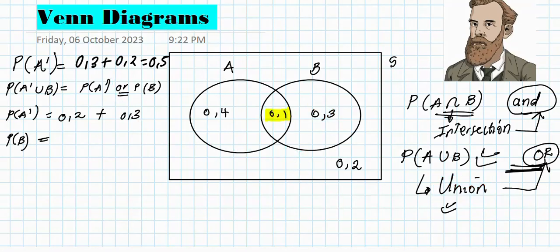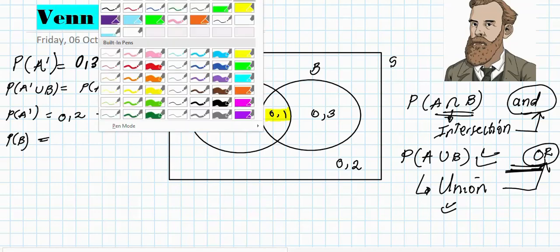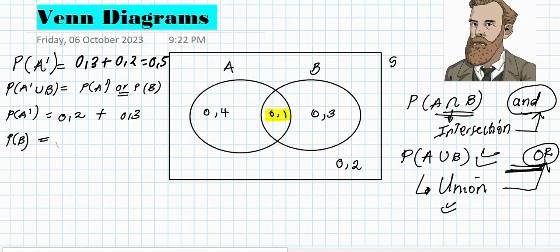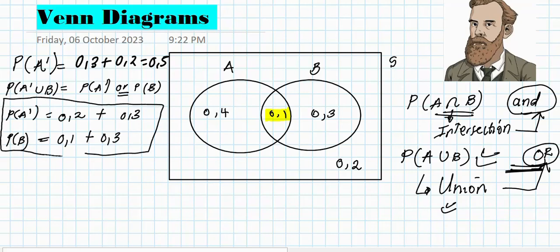So the values that I have there, I have 0.1 because it has something to do with B. I have 0.3 because it has something to do with B. How nice is that? Now, the answer is this whole thing here. I'm looking for the union, but I must be mindful that something that appears once, I don't count it twice.